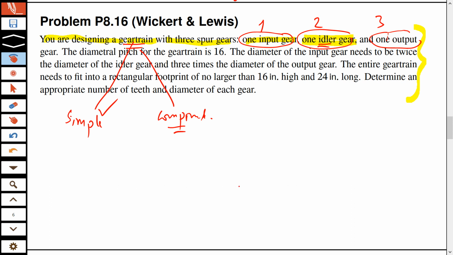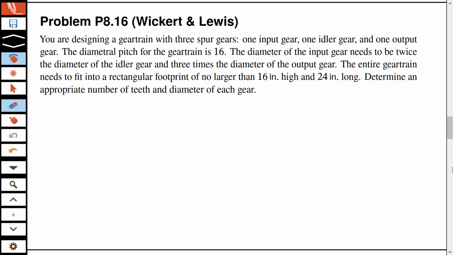In compound, there is no idler gear. So this is not a possibility. This is the only possibility. So let me just remove all the annotations, and now I go back. This one, the input gear, is 1. Label that with 2 and label that with 3.